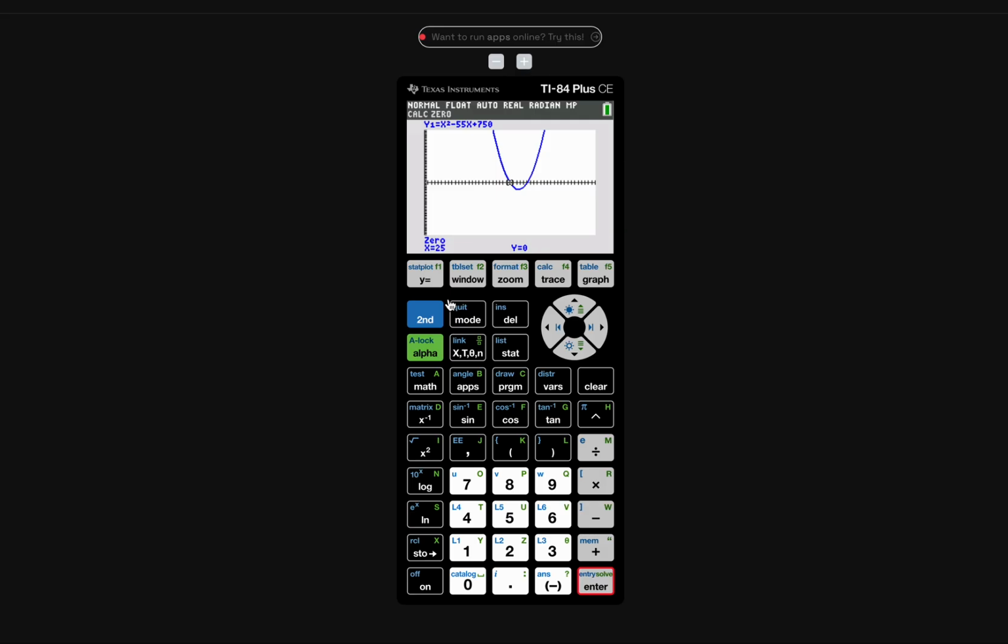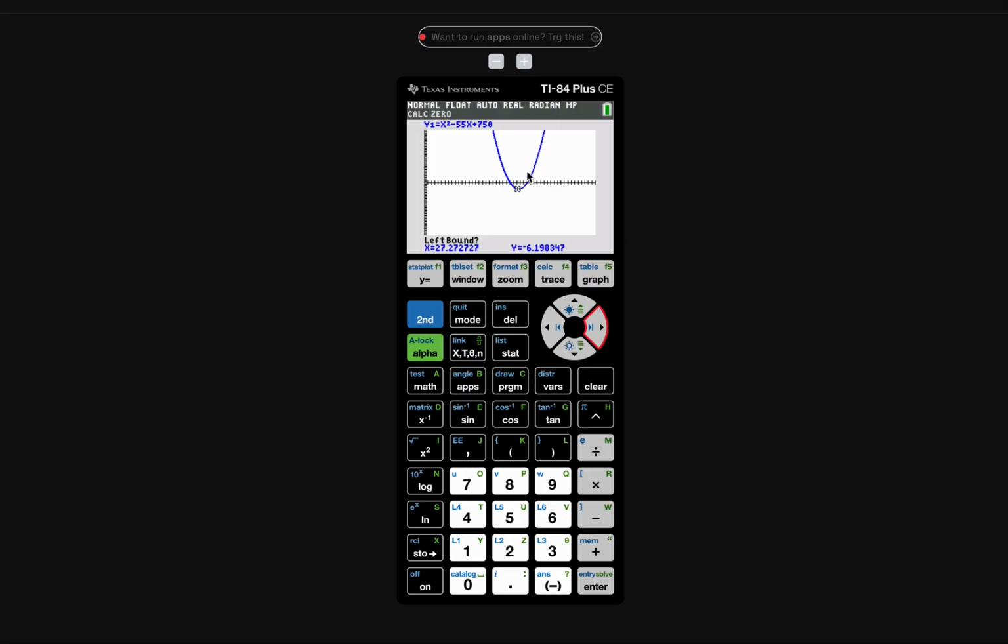So to find the other zero, you click second trace, and then you click 2, which is zero. And then for left bound, you move the cursor to the left of this second zero, but you also want it to be right of the other zero that you just found.